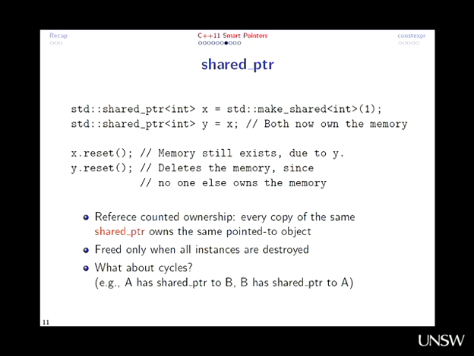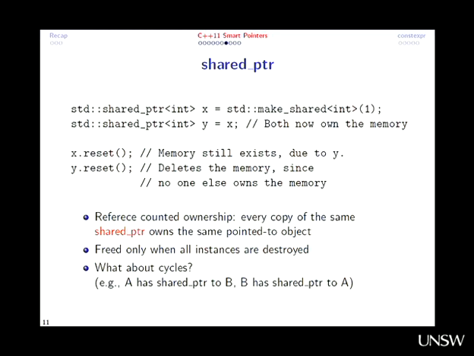So let's talk about cycles. What happens in the situation that A has a shared pointer to B, and then B has a shared pointer to A? Now I've got one B object, one A object. A has a shared pointer to B. B has a shared pointer to A. Now maybe I've got another piece of code that also has a shared pointer to A. And what happens is A goes out of scope in that second piece of code.